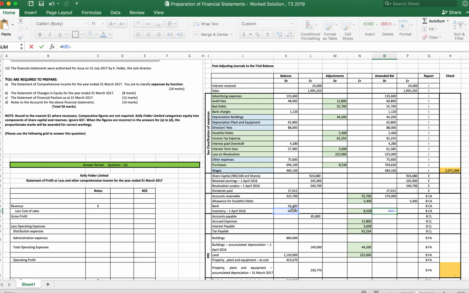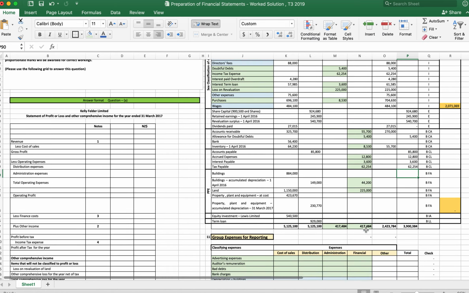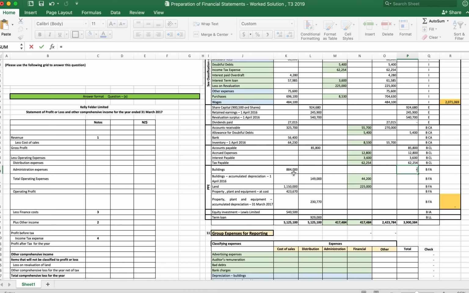Inventory is going to be less. Okay, there's that. Accrued expenses are typically all going to be credit balances. The building's same as the opening, but it's not a credit balance. Make sure you get your debits and credits right. Accumulated depreciation is going to increase.